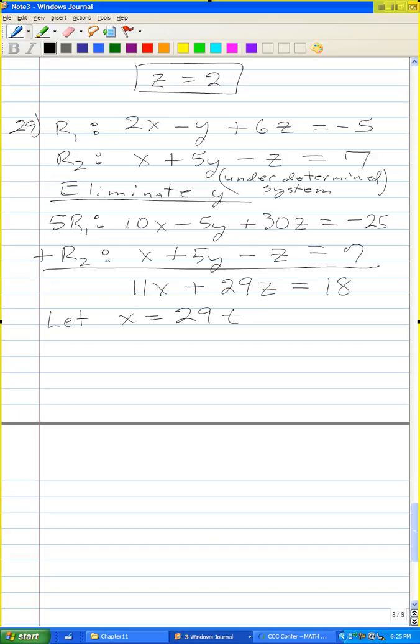So maybe I'll call this S1. So I have 11x plus 29z equals 18.